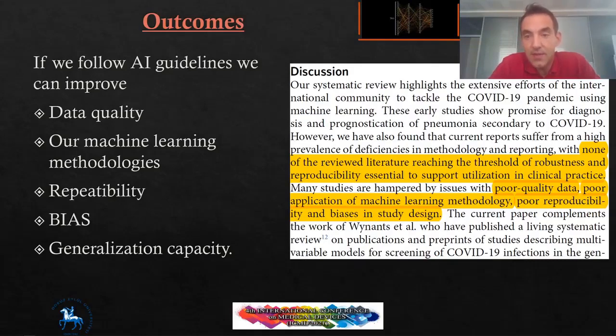So even in the COVID-19 case, which is discussed on the right-hand side in this common pitfalls article, none of the reviewed literature reaches the threshold of robustness and reproducibility essential to support utilization in clinical practice. And this is due to poor quality data, poor application of machine learning methodology, and poor reproducibility and biases in the study design.